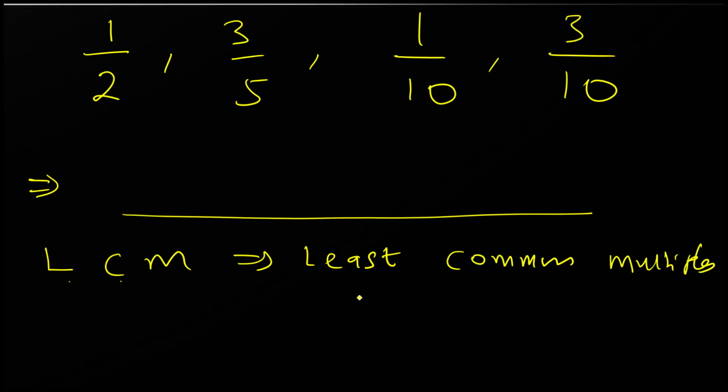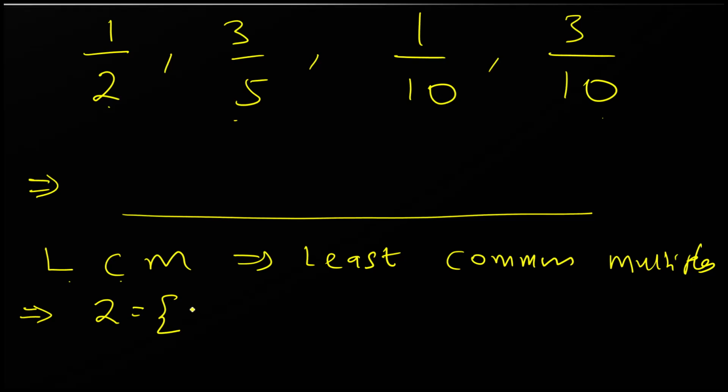Okay, so let me start from this. Now I want to find the least common multiple of the numbers here: 2, 5, 10, 10. So let me start with 2. I'll look for the multiples of 2.